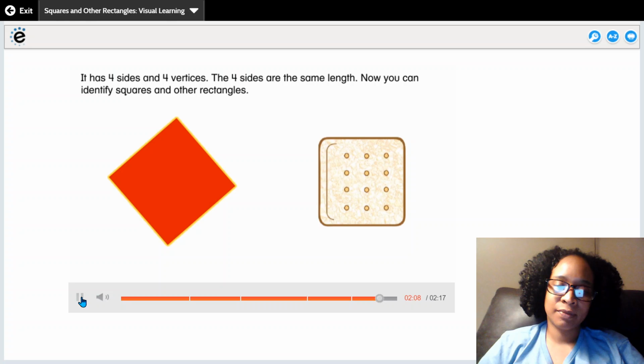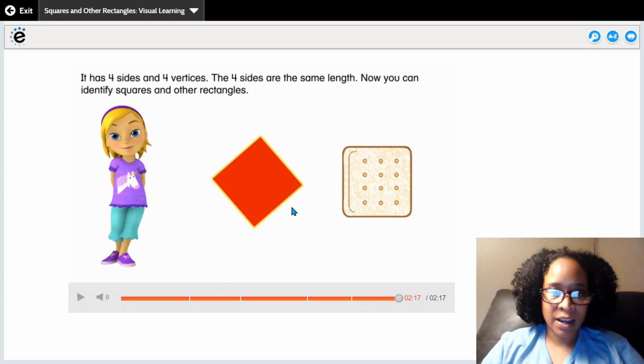Okay, so this square, even though they have it turned kind of like a diamond shape, it is actually a square that has all the same length sides. It's just that they turned it. So it's still a square even though they turned it and it kind of looks like a diamond.